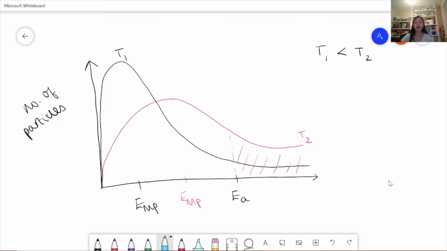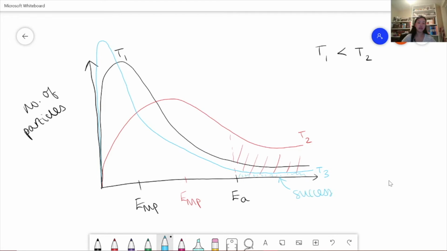If we decrease the temperature, it would actually do the opposite thing. So do something like this. So now, in this little area here, even less of the particles have that activation energy required to react successfully, because it's this area under here.